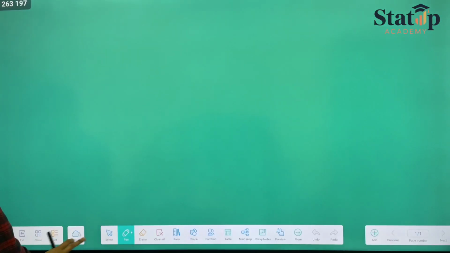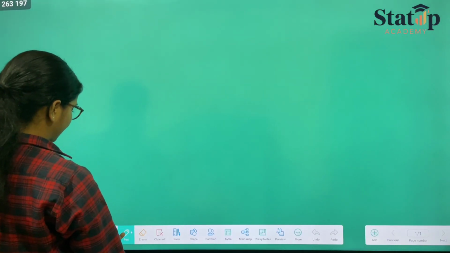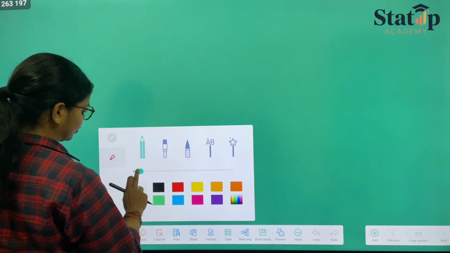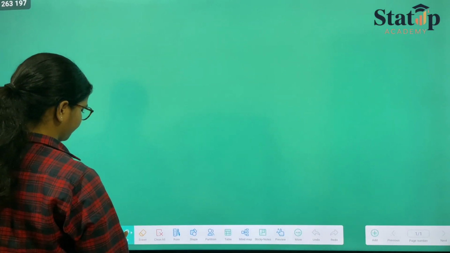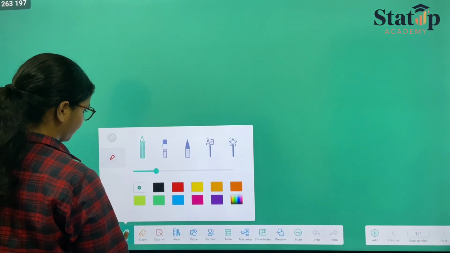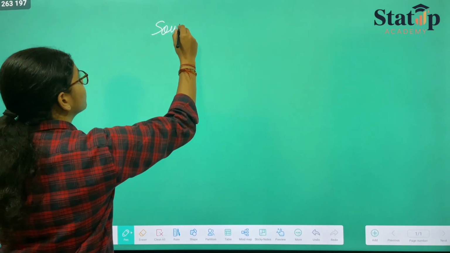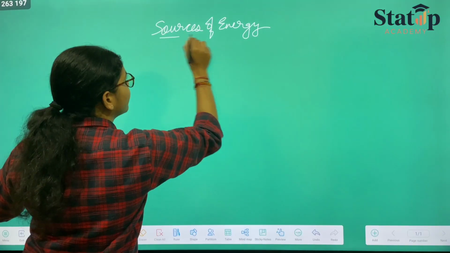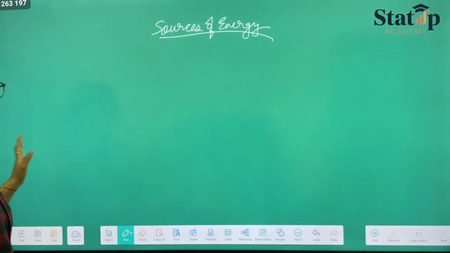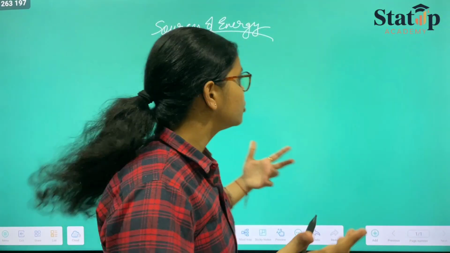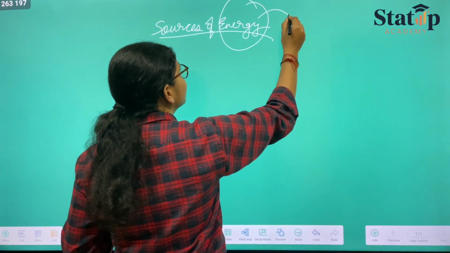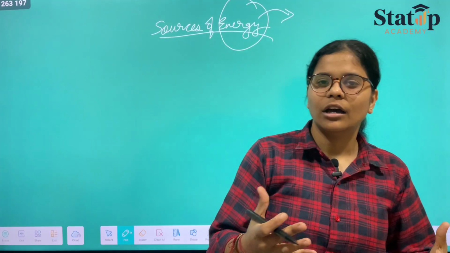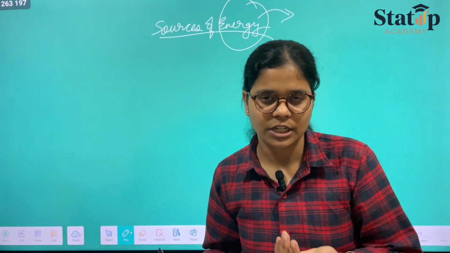So when we talk about the sources of energy, there are two types of sources. Energy is something that we define in physical terms, as a physical quantity.